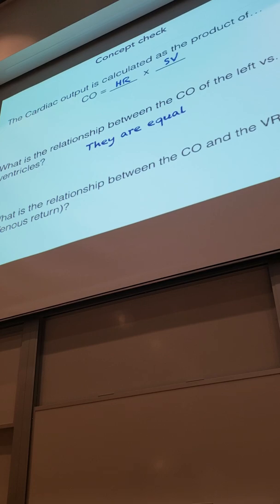Okay, so cardiac output is the amount of blood leaving the heart per minute, and the venous return is how much blood in the veins returns to the heart per minute. So, how would you expect these values to compare? Yeah? As venous return increases, cardiac output increases. Right, so as venous return goes up, cardiac output's going to go up as well. Right? In terms of their value, which one is bigger?